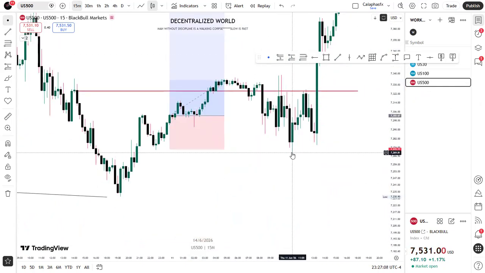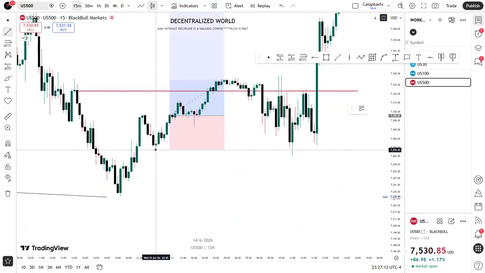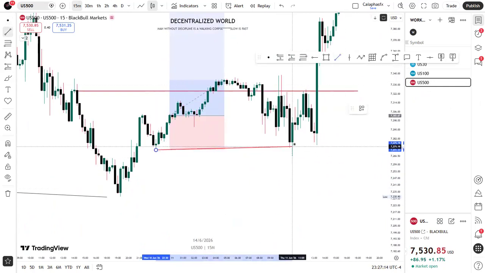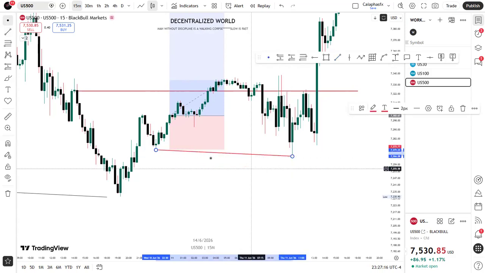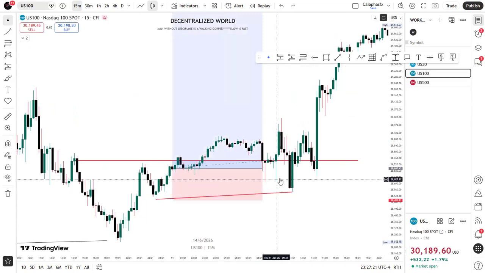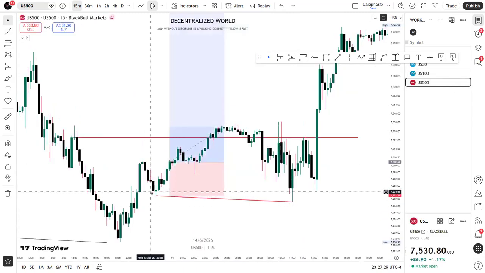During New York session, price dropped to this when that was the stop loss, just to form the SMT to this point, to this point. So this is the reason why I want to trade it. You want to trade the weaker asset so that you don't get wicked out, right?